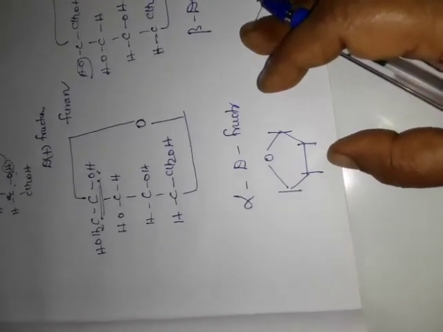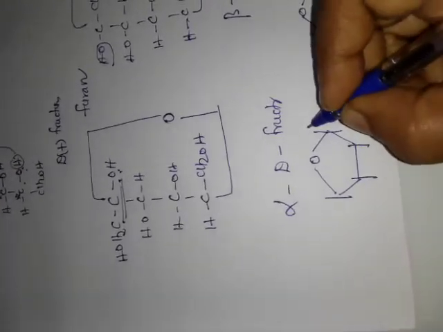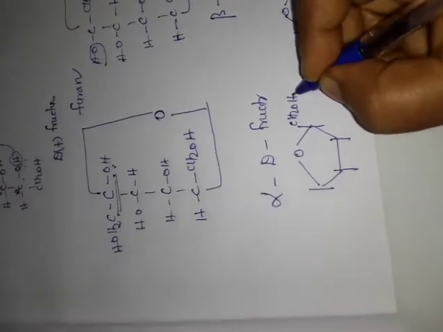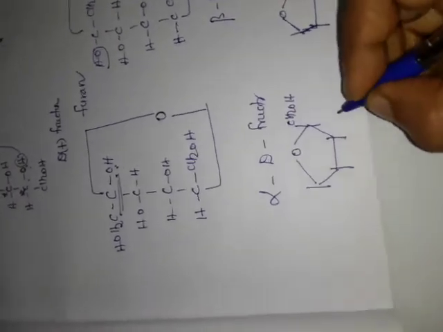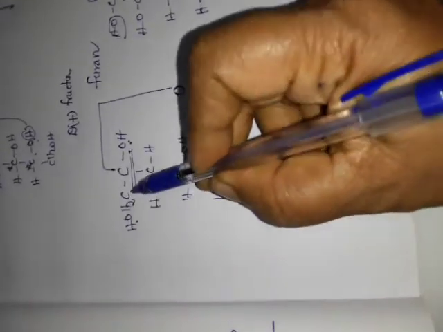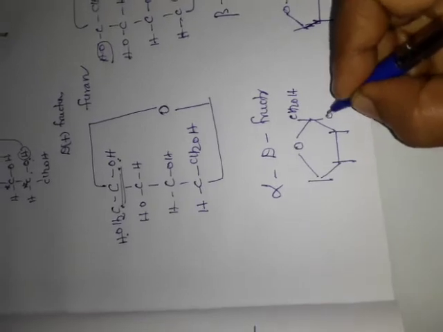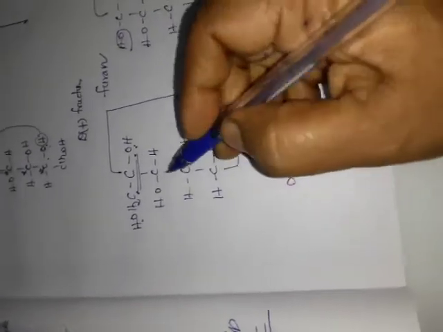Only this portion is going to be changed. This is the first carbon, CH2OH. This is alpha D, alpha D I am drawing. CH2OH. Then OH coming at the bottom. This OH.